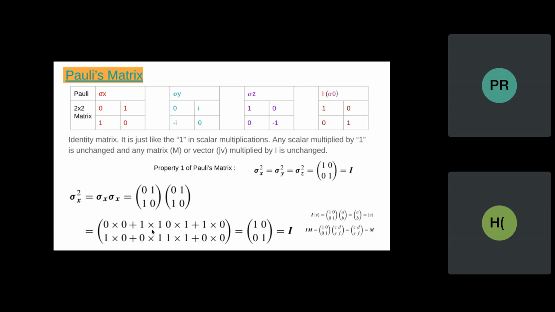This is 1, and similarly 1 into 0 and 0. So 0 into 1, 1 into 0 is 0. 1 into 0 and 0. So this is 1, 2 elements, and then we calculate the 2. And essentially what it means is the identity.